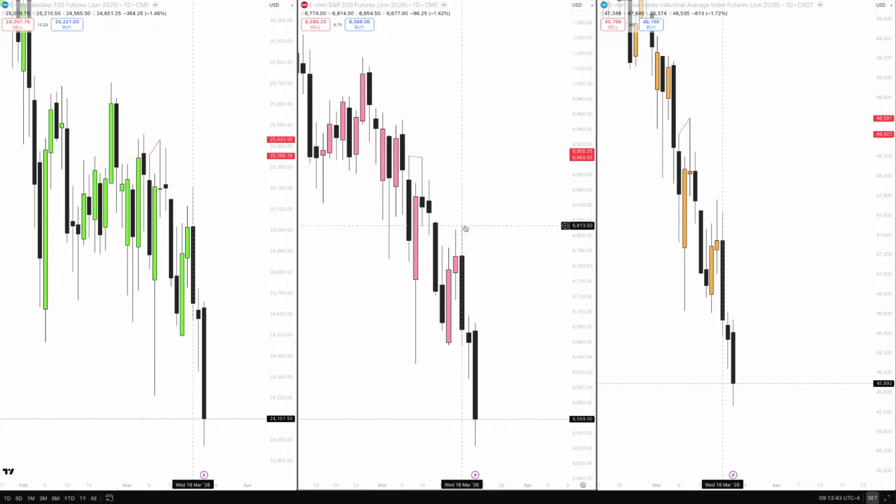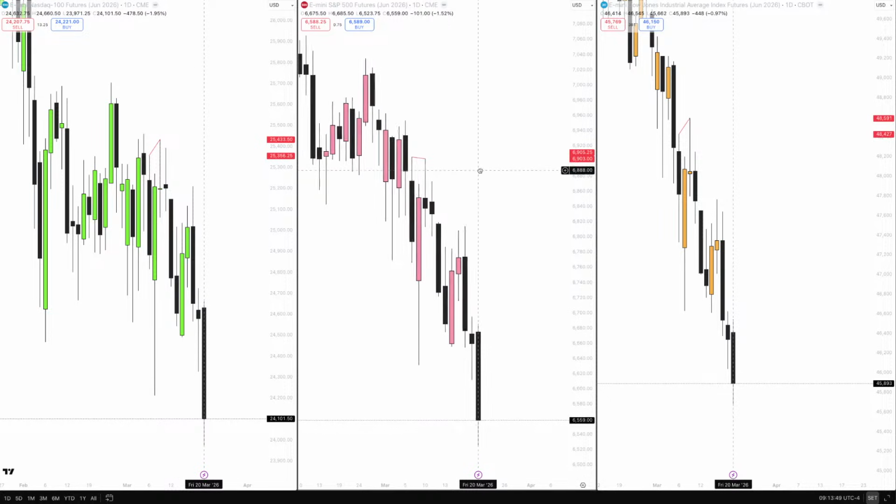In this case, we see we have a cracking correlation with ES on NQ and YM. You can see that NQ took out the Monday high on Tuesday and also the Friday high on Tuesday. And YM did exactly the same thing.